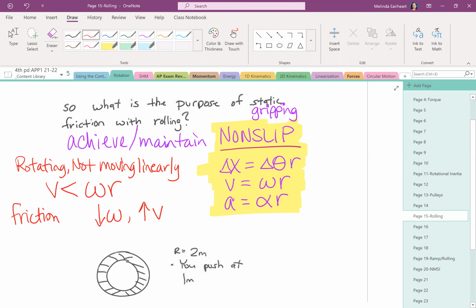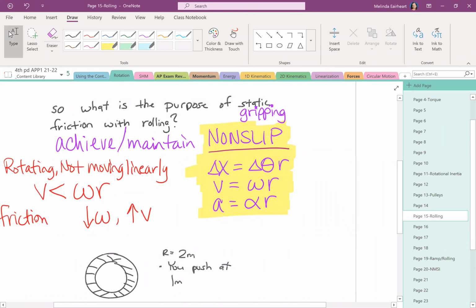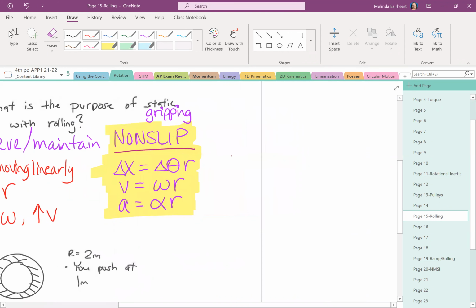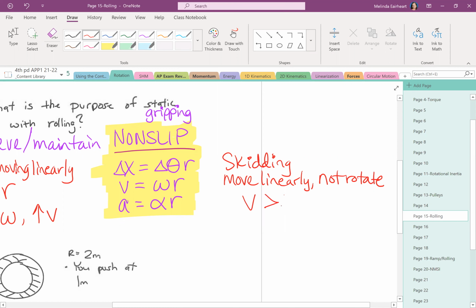Well, what about the other option? Okay, what if I'm moving, skidding? So this you may be more familiar with. You slam on the brakes. You move linearly, but not rotate. Okay, this would mean that your linear side is greater than the angular side.